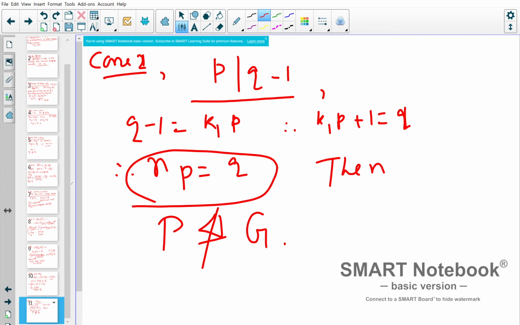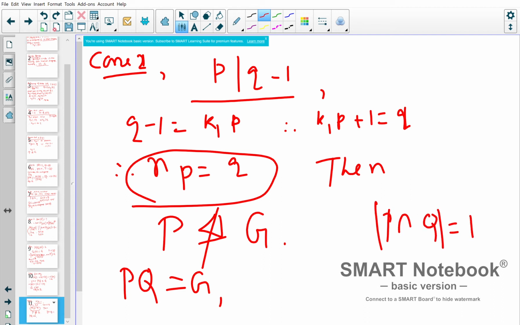So how can you describe these groups? Obviously, in this case also, we can construct the group PQ. PQ is a group which is equal to G, because P intersection Q is trivial, the identity. Sorry, empty means trivial.